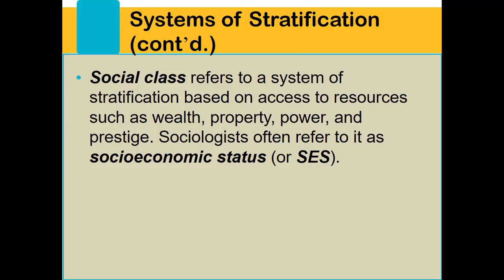Social class is another form of stratification. This is the form of stratification that exists in the United States and many other capitalist countries around the world. This is a system based on access to resources such as wealth, power, or property, and prestige. Sociologists often refer to social class as socioeconomic status.